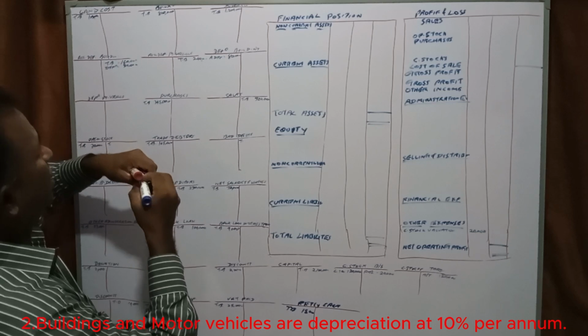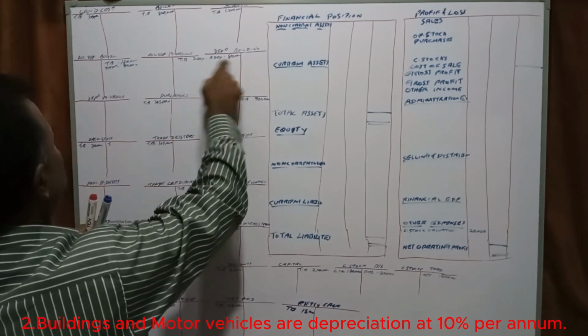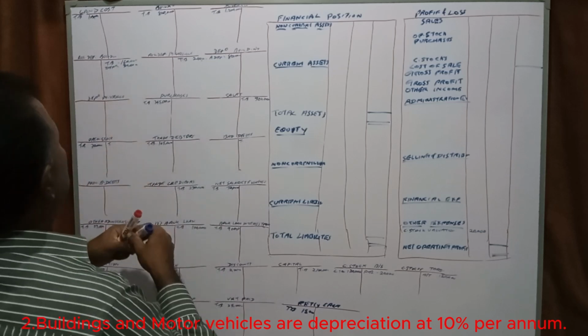On the 800,000 we calculate 10%, which is 80,000, and you add it to the 160,000.